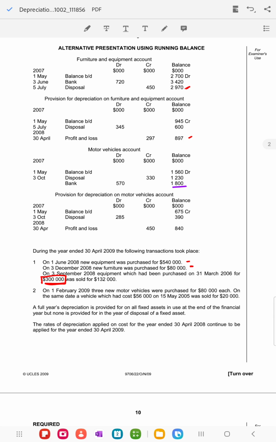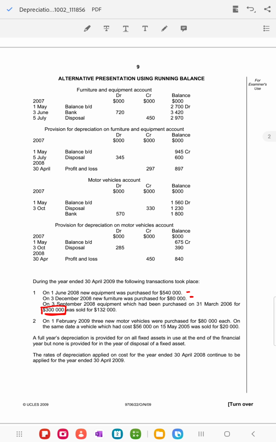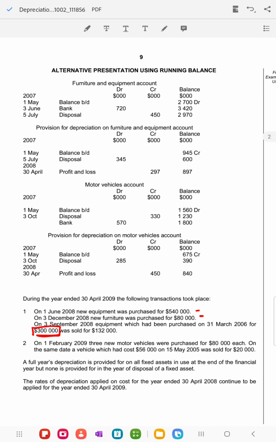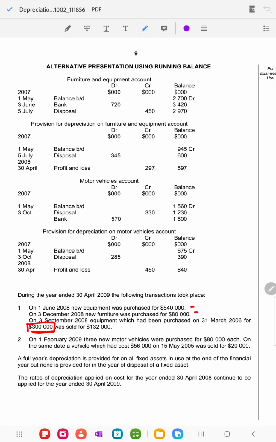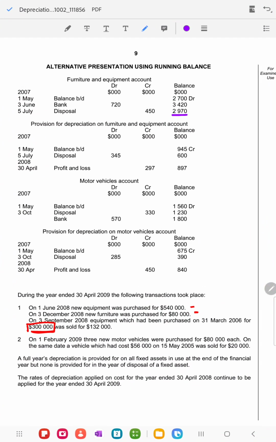So what I can do is check the previous year balance to identify what depreciation percentage is applied. The closing balance for furniture and equipment was 2970, and the depreciation applied for the furniture and equipment was 297.